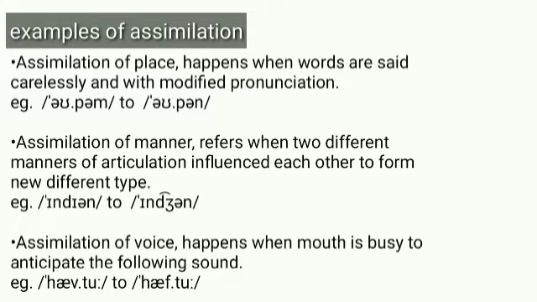Then assimilation of voice happens when the mouth is busy anticipating the following sounds. We have an example in the word have to, with the v sound replaced by an f sound in have to.